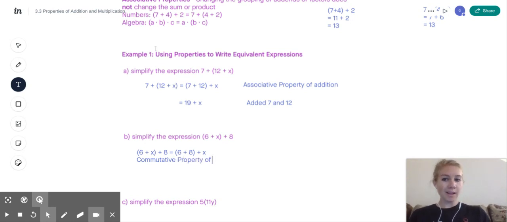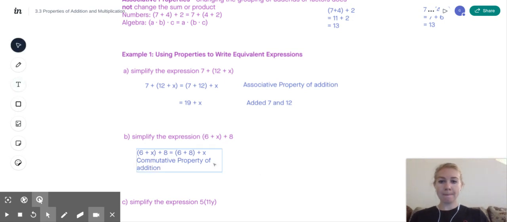And then let's see, are we adding or multiplying in our expression? We are adding. So we could be more specific and say commutative property of addition. And that's because we changed the order. The parentheses are still at the beginning of the expression, but we flipped x and 8 around. They moved.